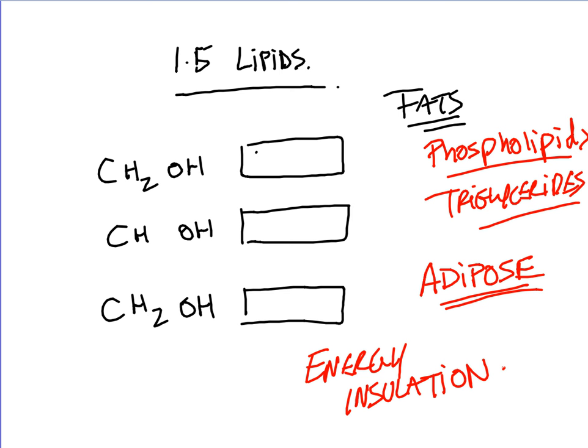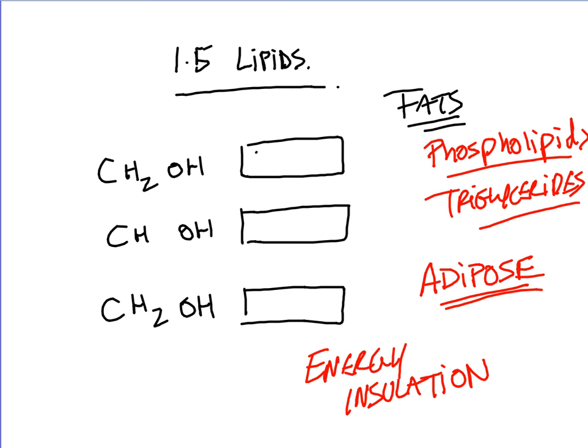A triglyceride is made, just like a carbohydrate, of carbon, hydrogen and oxygen, but in different ratios or proportions to a carbohydrate. Firstly, we're going to think about some of these properties.